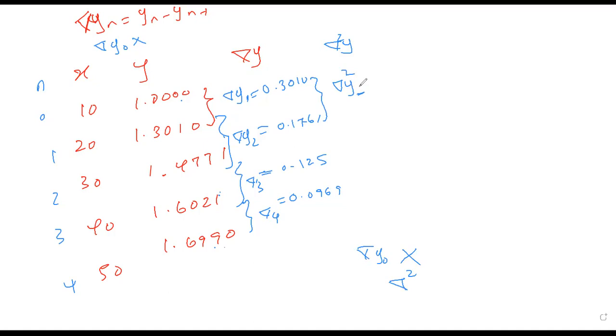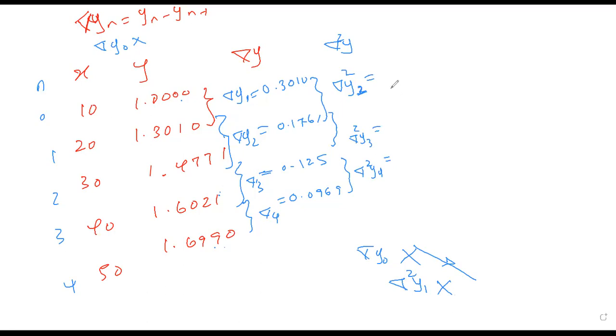Yes, 2, isn't it? Good. So it should be y2. So we don't have y1. So you have to know in the backward one, we are leaving the earlier part. Okay. What about this one? So can you find out nabla squared y3? This one nabla squared y4. So can you find the answers for this one?